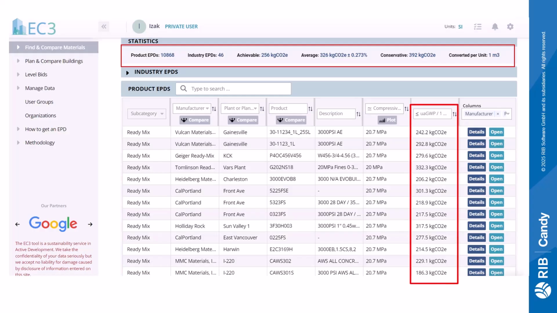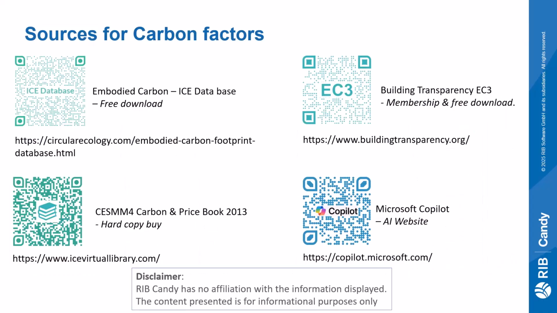It also can be sourced from the EC3 database maintained by the Building Transparency organization, or from carbon databases such as the Inventory of Carbon and Energy, or ICE for short. It can also be sourced from the Carbon and Price Book, included in the Civil Engineering Standard Method of Measurement, 4th edition, or the CESMM4. These are just a few of the widely used sources available.